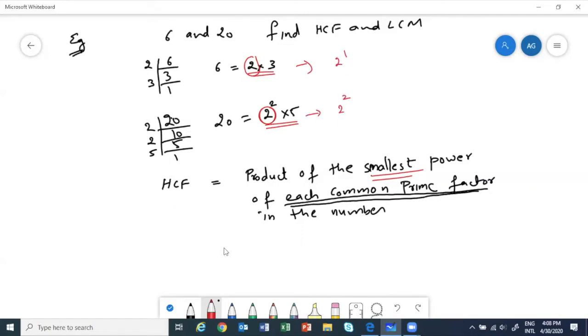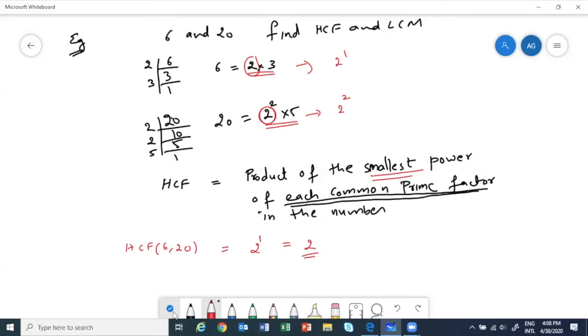So the HCF of 6 and 20 is 2. See how it becomes very easy when we use prime factorization. When we use the fundamental theorem of arithmetic, it becomes very easy to find HCF and LCM.